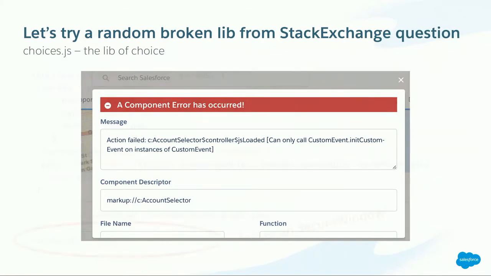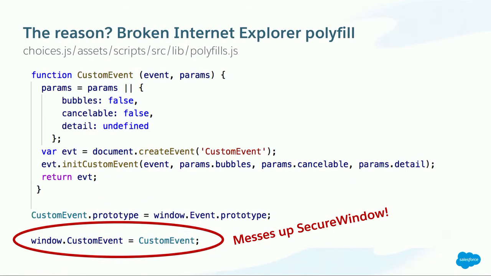So I opened the source code of the library, and you see that it basically uses a very old polyfill for Internet Explorer that adds capability of custom events to the browser. And they assign it to the window object, which is LockerService's secure window, which is already polyfilled by carefully designed code.